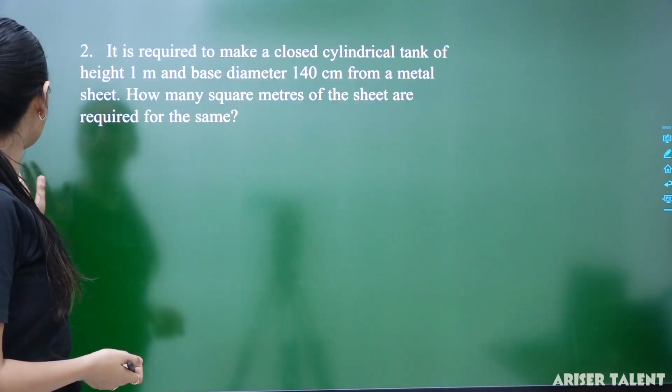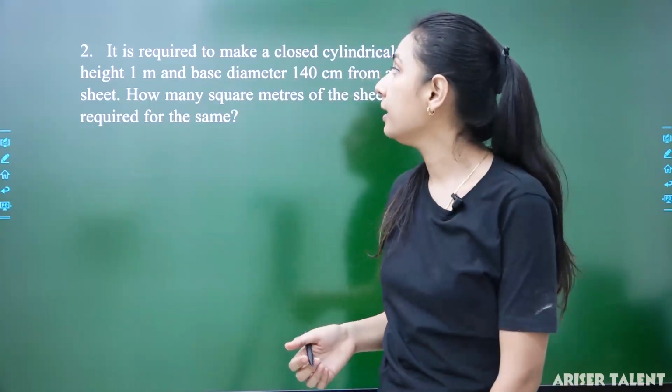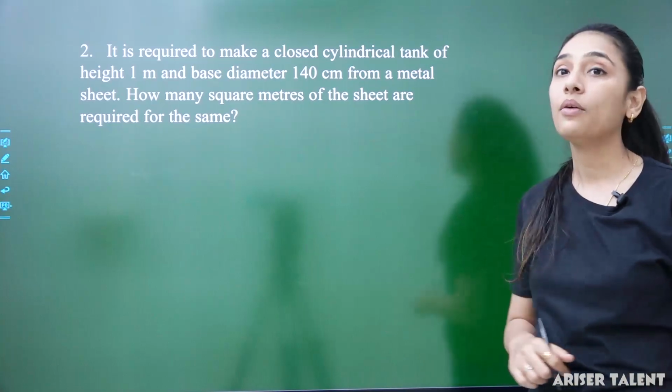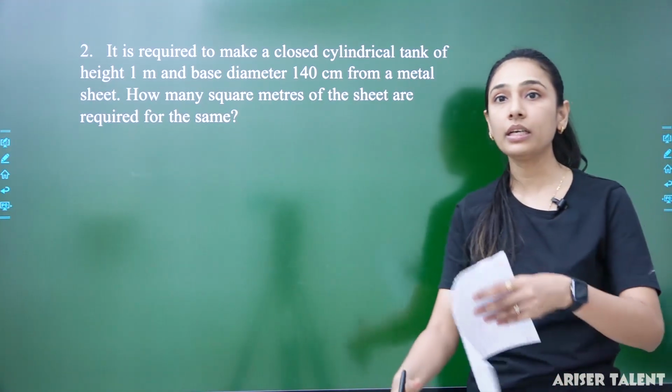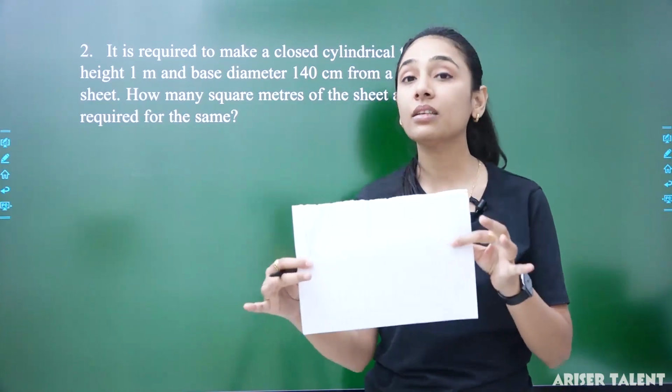Okay. Now the question. The very first question we are talking about: it is required to make a closed cylinder tank of height 1 meter. Now students, if you are not able to visualize, let me make it easier for you to understand. I am talking again and again about this rectangular sheet.